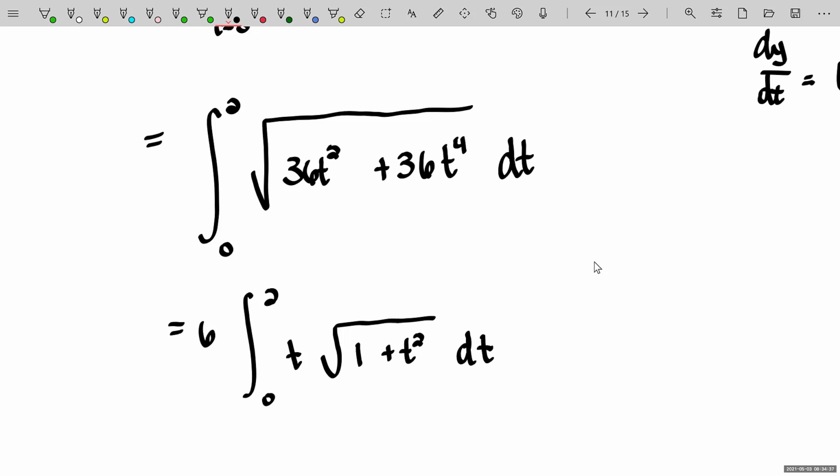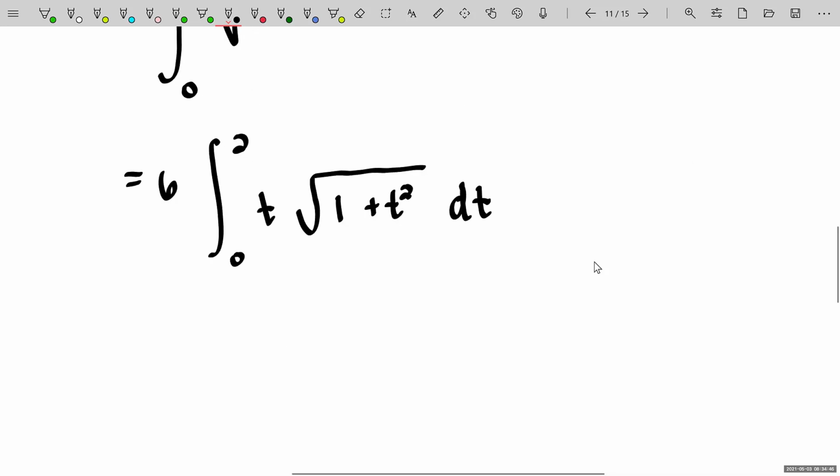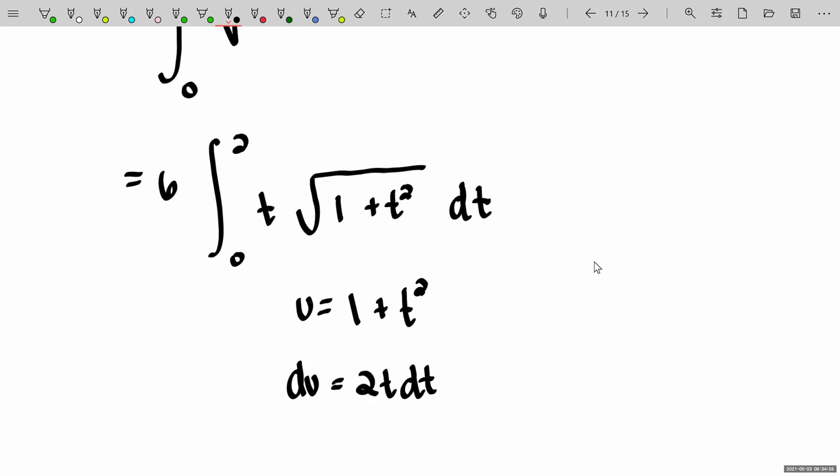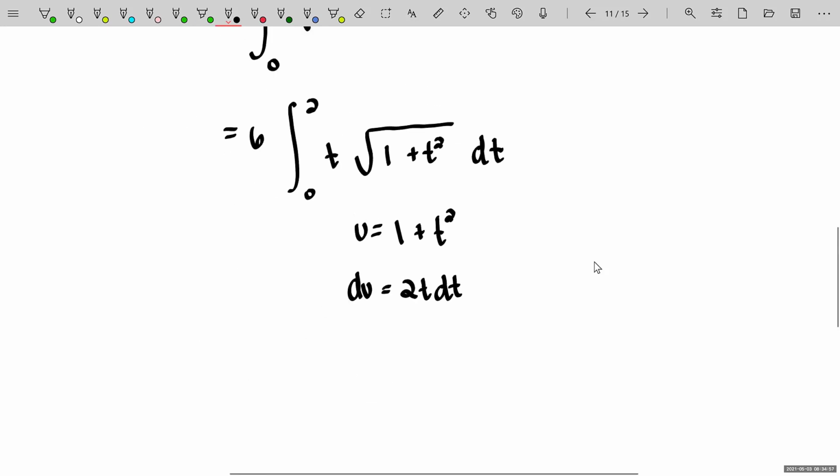I don't have to worry about absolute values because I'm going from time 0 to time 2. So time is positive, or at least not negative. How's that? And now a u sub, right? U equals 1 plus t squared, du will equal 2t dt. Okay, so let's see.